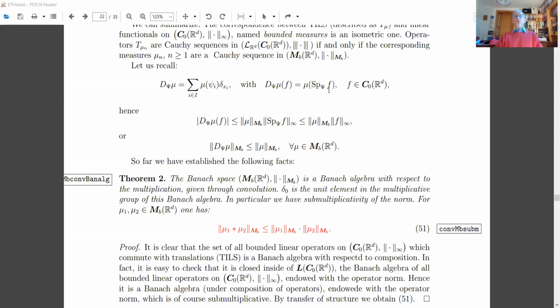Now, we all know that these piecewise linear interpolations are approximating the function in the uniform sense for every f in C0. And therefore, if you apply mu to the spline operator, and this is an exercise which we have done already, it is the same as the discretized measure applied to f. This will go to mu of f for making psi fine enough.